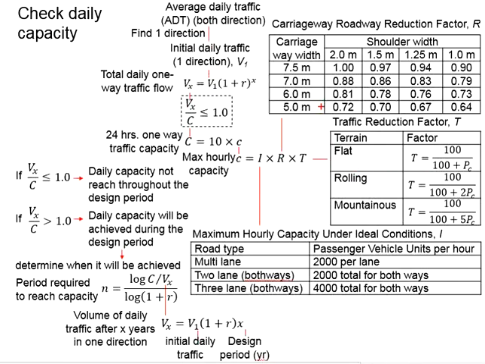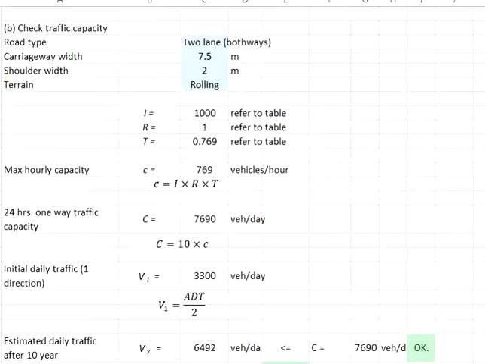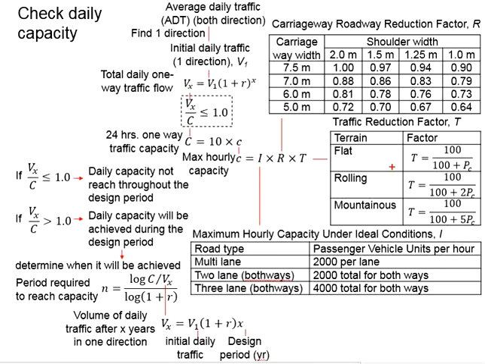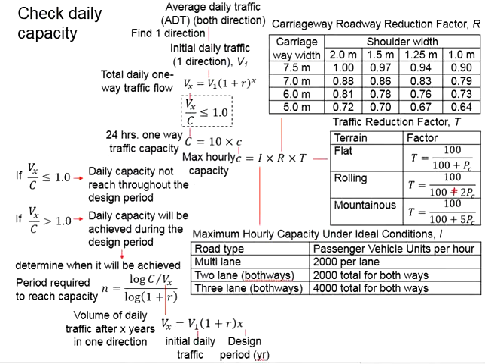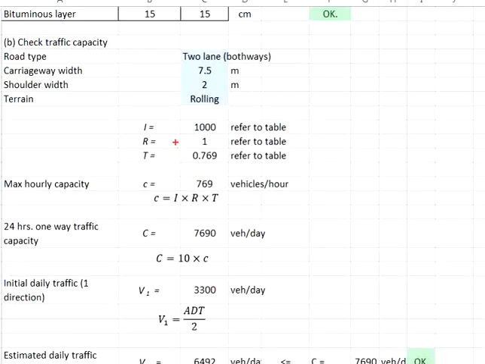Next, it will be the traffic reduction factor T, which deals with the terrain. It is given that the terrain is rolling. The T factor is calculated using this equation. PC is given as 15%. Substituting into the equation, you get T equals 0.769.